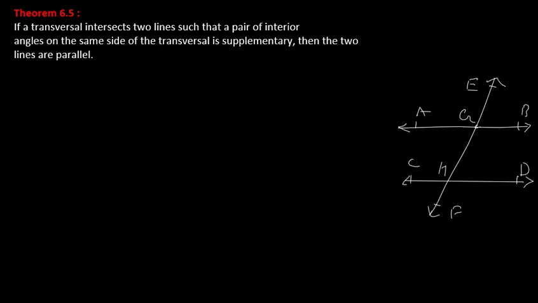What is given? If you see, you are given that angle BGH plus angle GHD is 180 degree. This is given. What you have to prove?